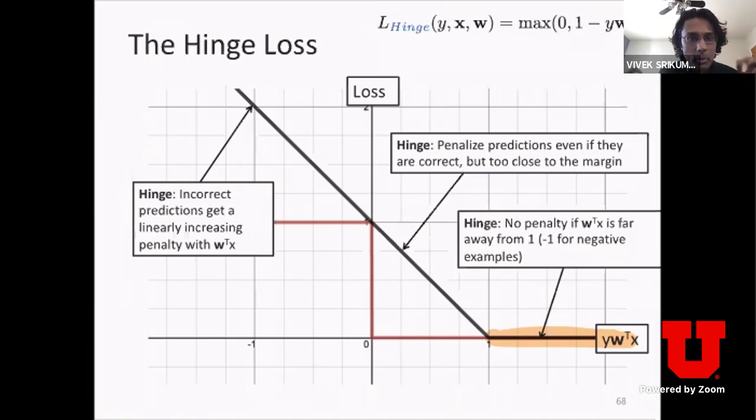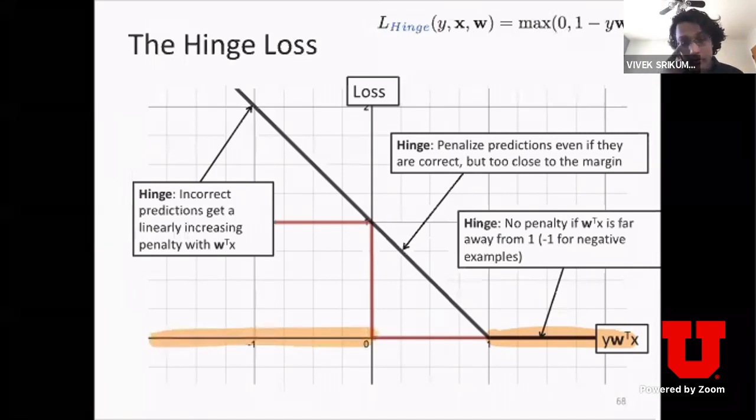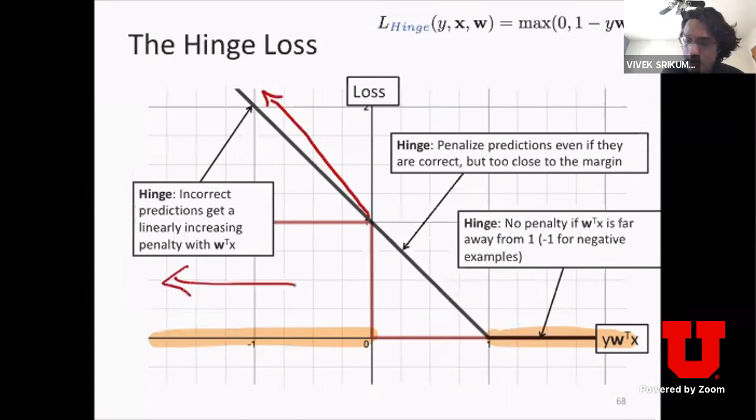In either case, there's no penalty, because that example is not only classified correctly, but also placed far away from the margin. Incorrect classifications, namely when y w transpose x is less than 0, incur a penalty that keeps growing as you get more and more incorrect. As you get farther and farther away from the margin on the wrong side, this penalty increases.